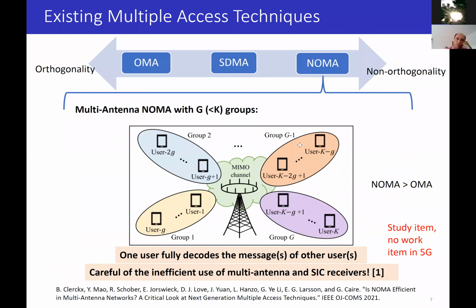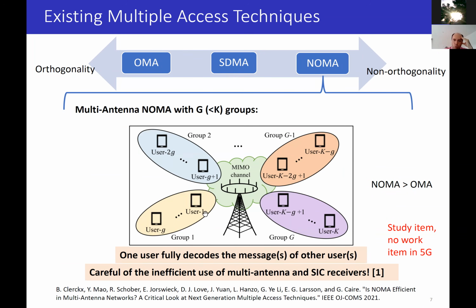Right, now, what if you combine NOMA with multiple antennas? Then you have this notion of multi-antenna NOMA. What can be done there is essentially having multiple antennas, for instance at the transmitter, and we have multiple users, and we pair users into different groups.